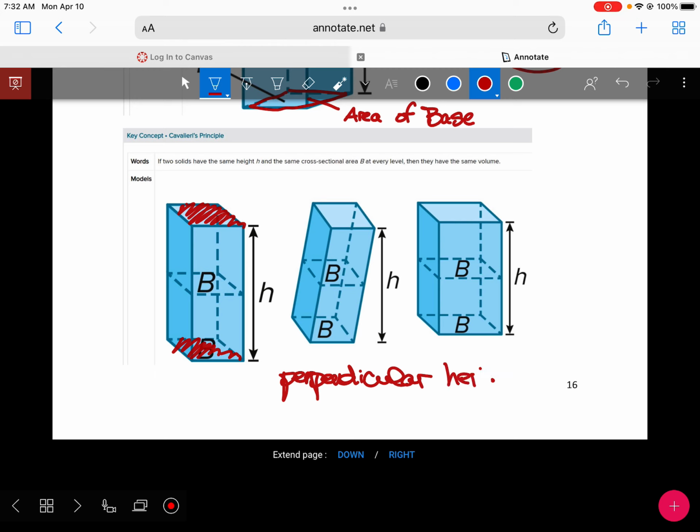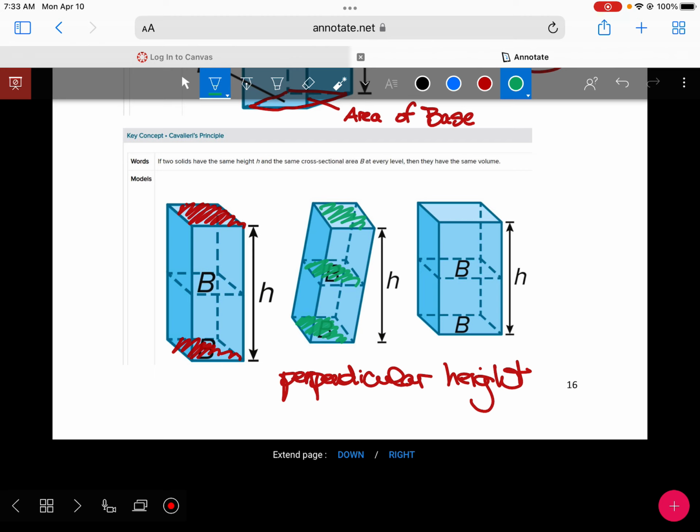We can still have the same volume. So over here, I have my base in green. I still am carrying that base all the way through. It's still that same shape. It's kind of like if I had a rectangular slinky, okay? I can shift it over, but it's still going to be the same volume, whether it's upright or whether I shift it over to the right. Okay?